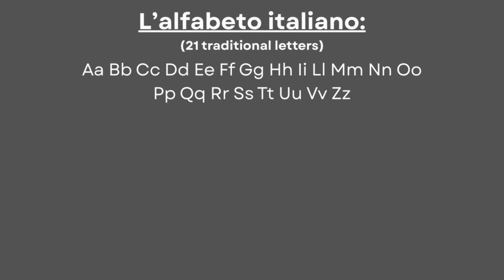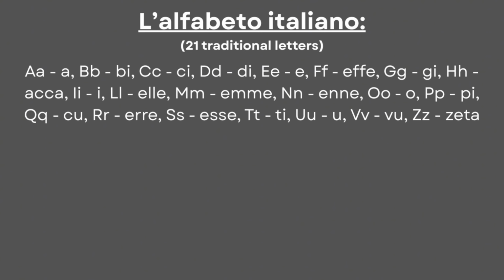The letters, their pronunciations, and spellings look like this: A, B, C, D, E, F, G, H, I, L, M, N, O, P, Q, R, S, T, U, V, Z.